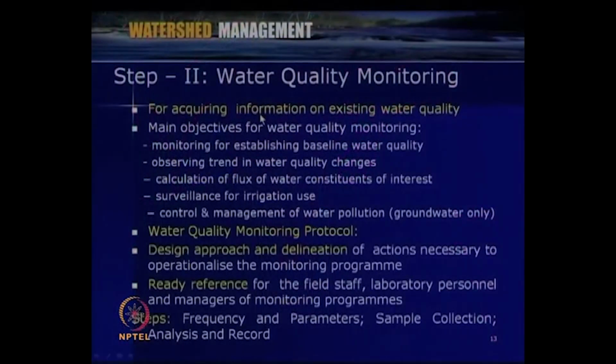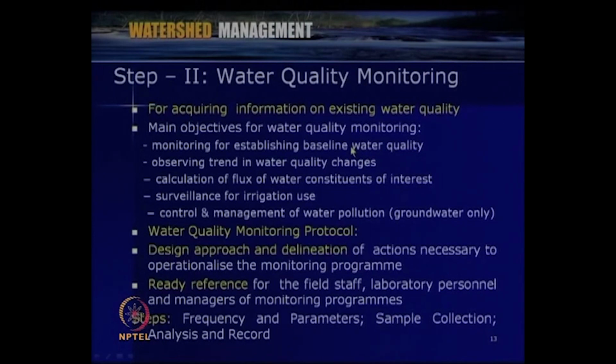So, for acquiring information on existing water quality, what is the present stage? We have to go for sampling and then see whether the samples are meeting the criteria. The main objectives for water quality monitoring can be establishing baseline water quality.